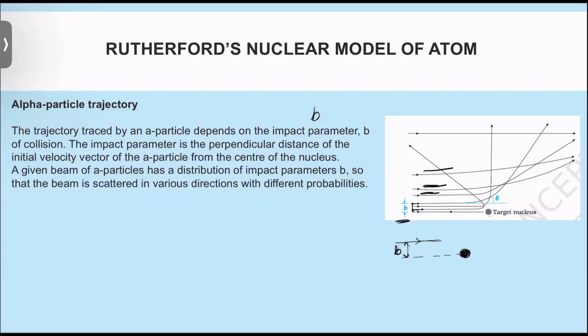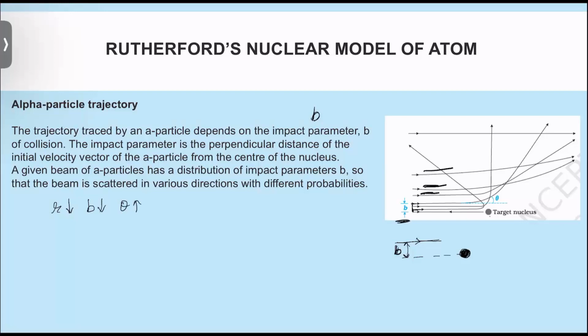So closer to the center of the nucleus means smaller b, where the distance is very small, and the scattering angle theta is going to increase.